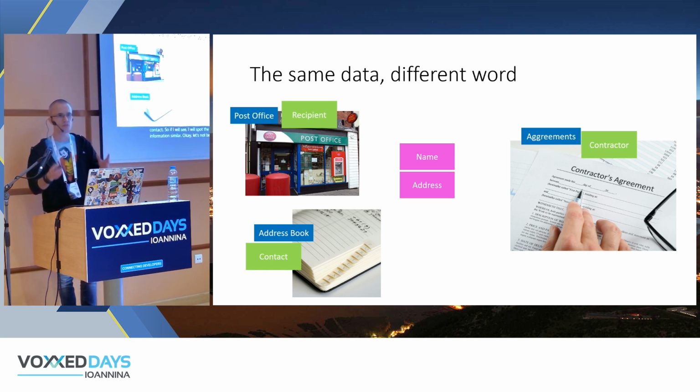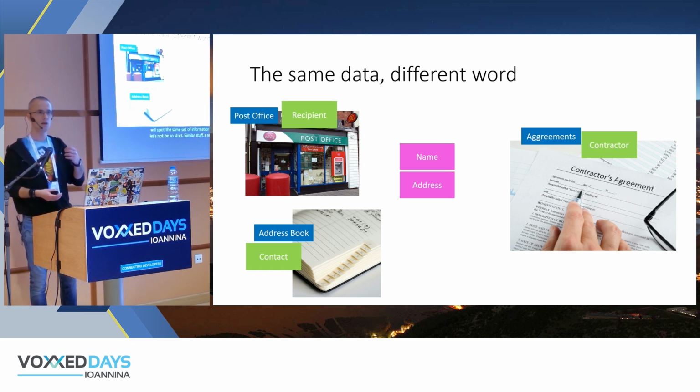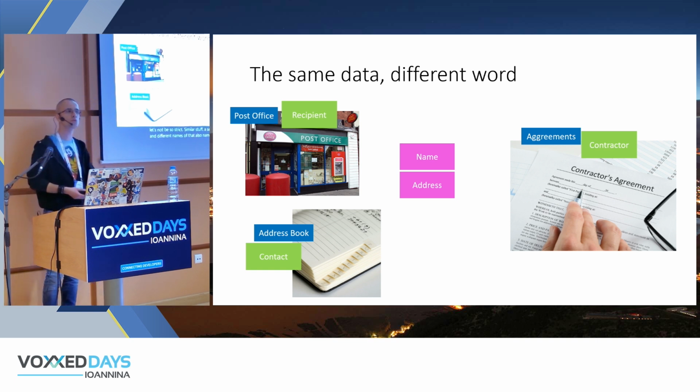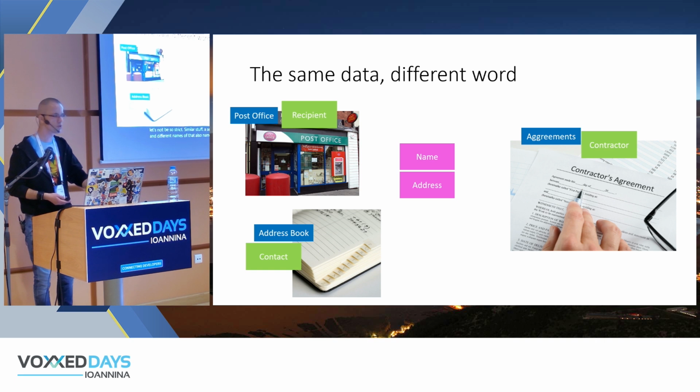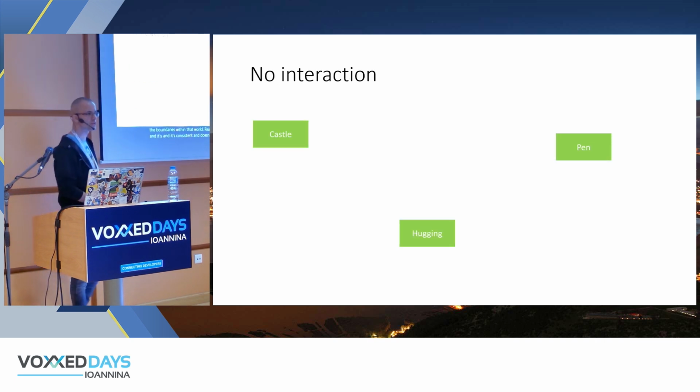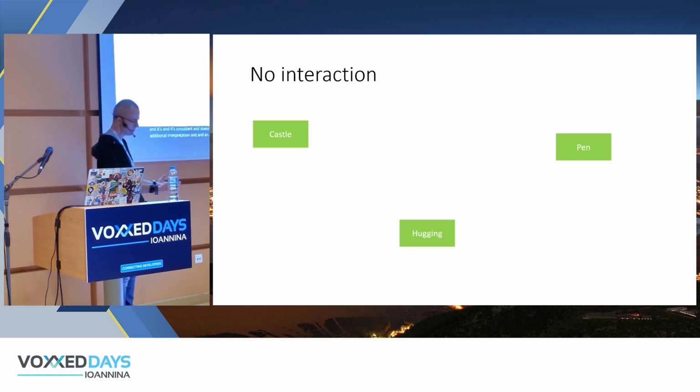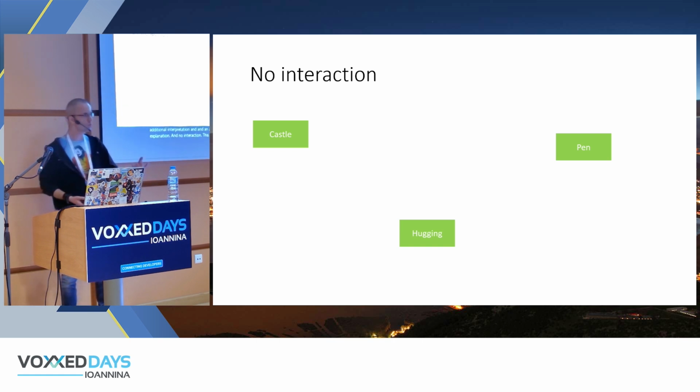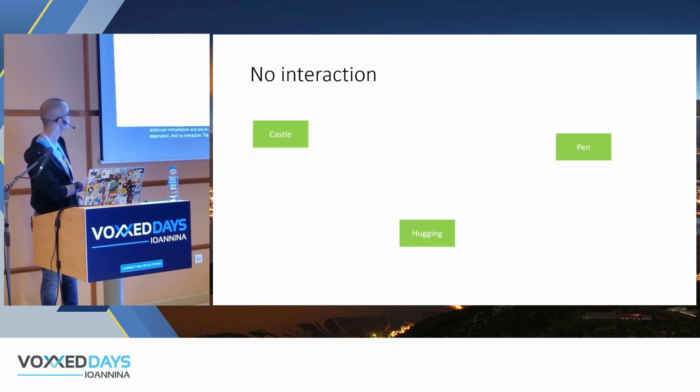Name the boundaries within which the word really makes sense, and it's consistent and doesn't require an additional interpretation and an additional explanation. And no interaction. This is cool. So sometimes I can look at the words and think, okay, how can they work together? This is also a good hint for us to understand that they are lying in different contexts.